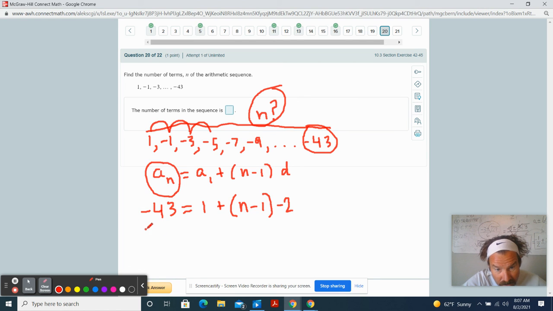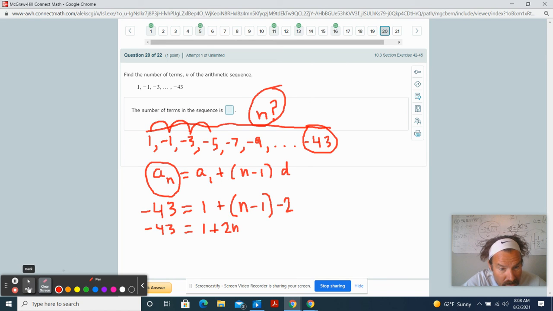You guys remember how to solve an equation, right? Let's distribute this negative 2. So it's going to be 1 plus 2n, and then negative 2. Actually, this negative 2 is going to make this a negative 2n.